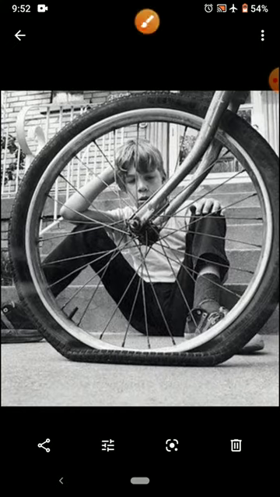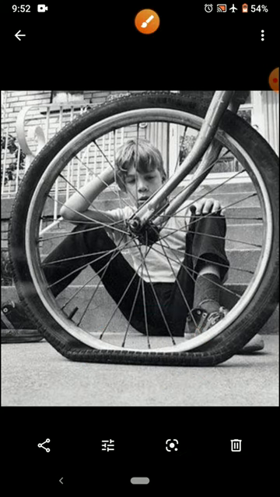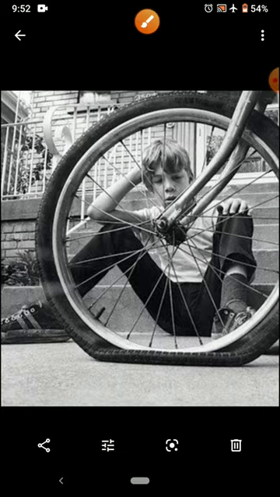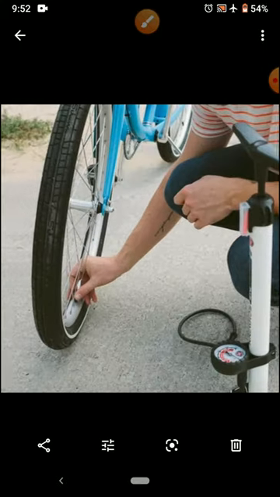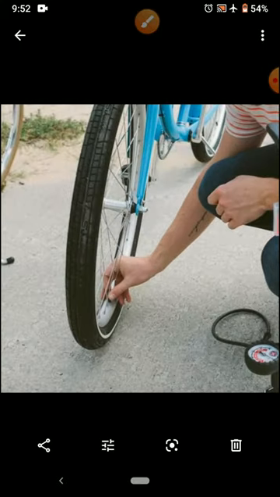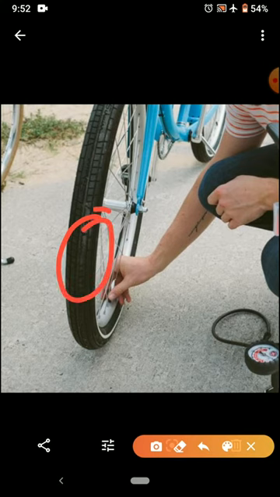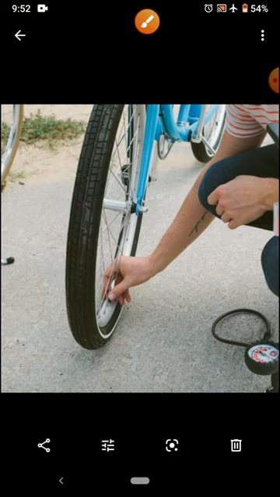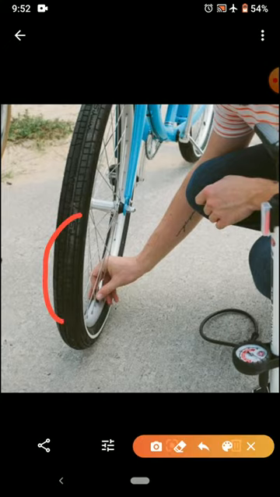Another example, see, this is a bicycle. When the tire of the bicycle is punctured like this, you can see that it cannot move. So when we inflate air in the tire of a bicycle, the air we inflate in the tube or tire exerts pressure on its walls, and the walls of the cycle tire extend, expand and assume this shape.